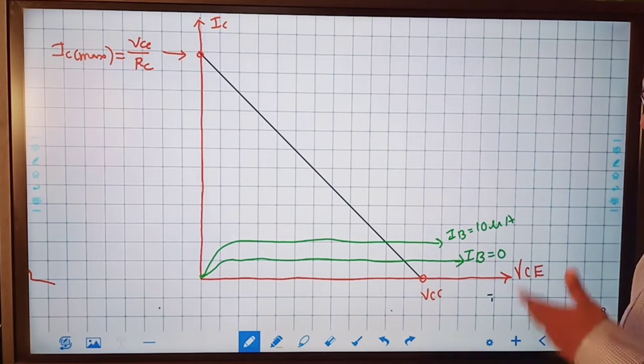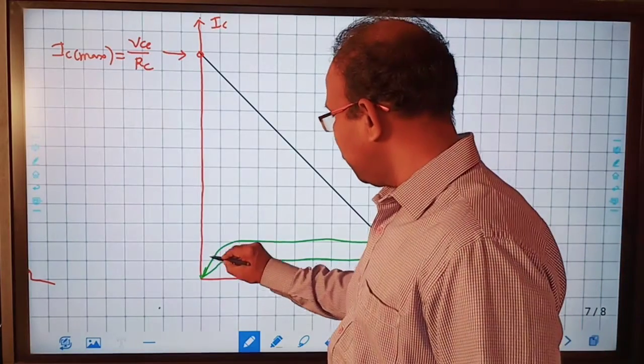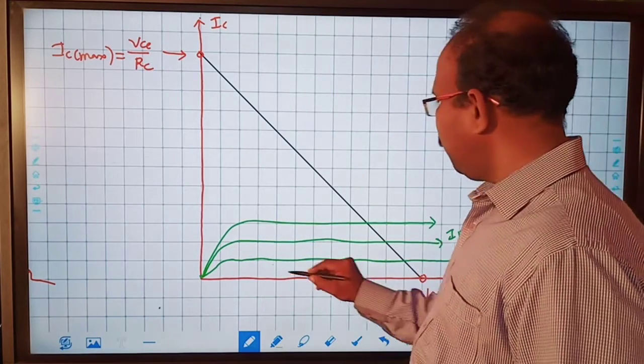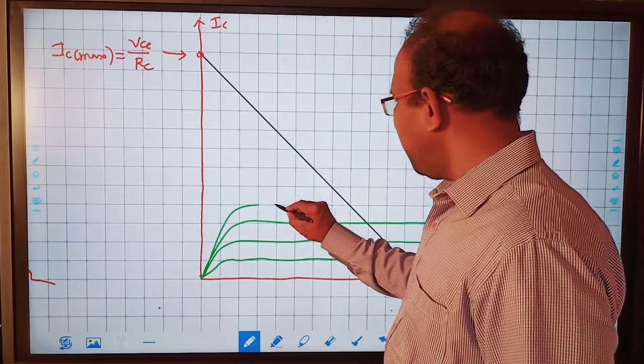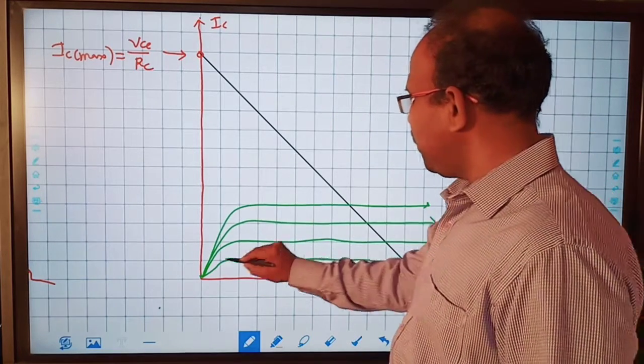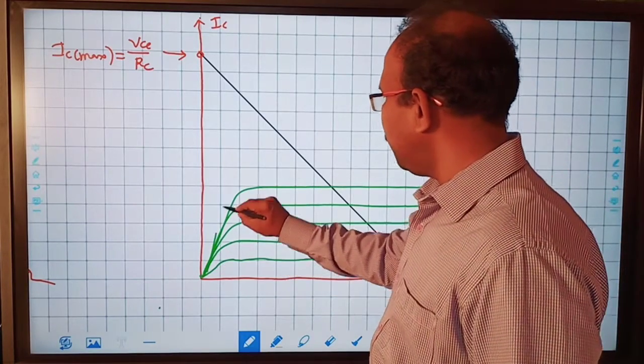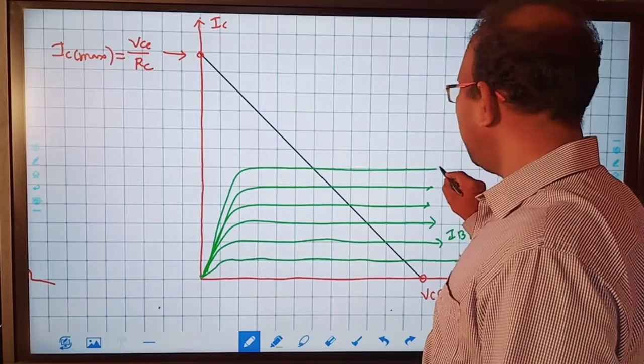Okay. Like this you can increase IB equal to 20 microampere, IB equal to 30 microampere, IB equal to 40 microampere, IB equal to 50 microampere. Okay.